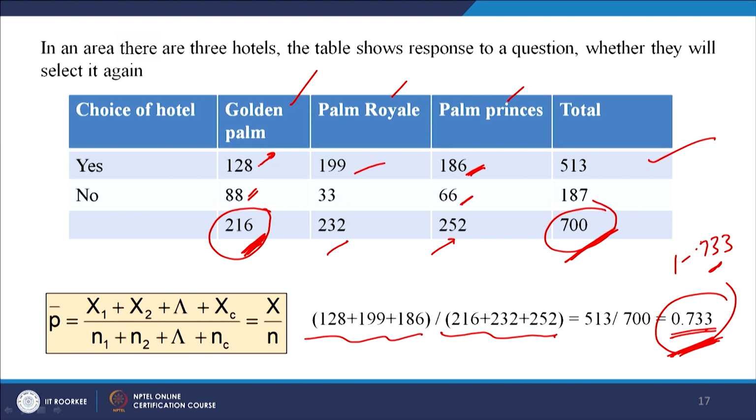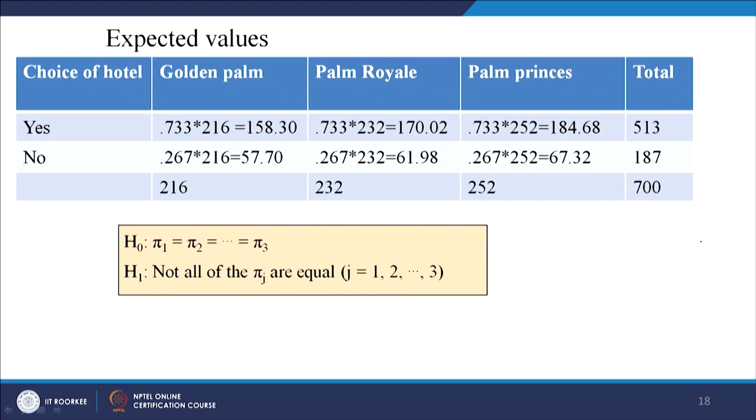So, let us find out expected frequencies. These are observed frequencies, right. For expected frequencies you just multiply the sample size with the proportion for yes, right. So, it is 0.733 into 216. So, this is the expected frequency.